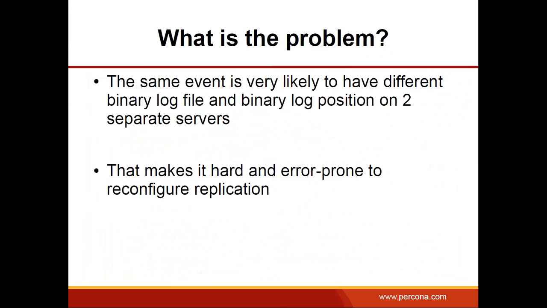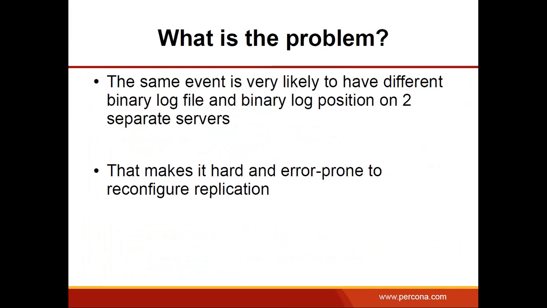And this is not easy because if you have the same event on slave 1 and on slave 2, it's very, very likely that they will have different positions in the binary log. So if you have an event with position, let's say 100 on the old master, well, on slave 1, it may be position 200 and then in a different binary log file.